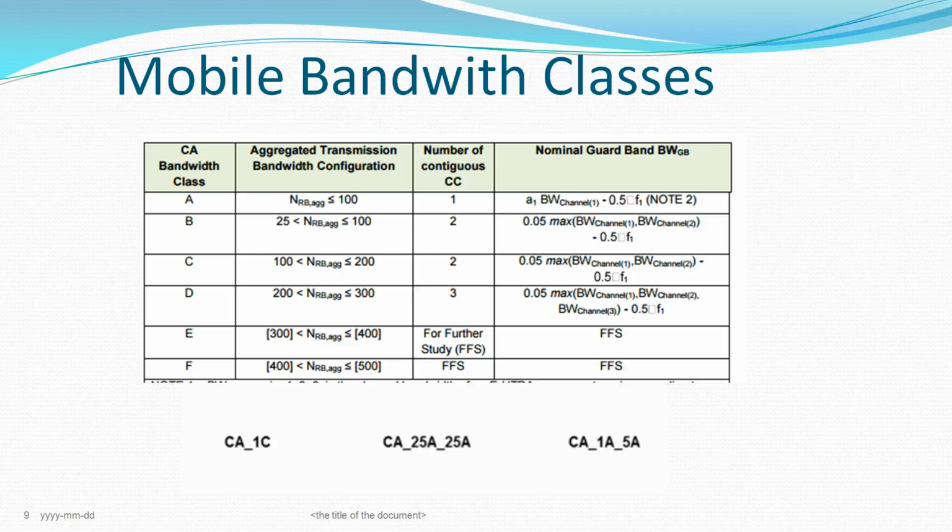We aggregate within the same frequency band, which is 25 in this case, and it's a band class of A, which means you have 2 component carriers within the same frequency band.